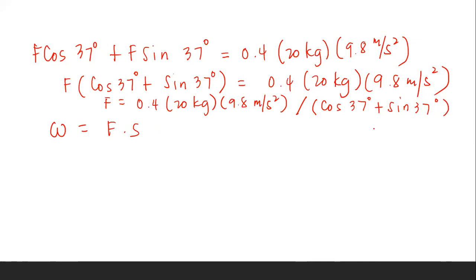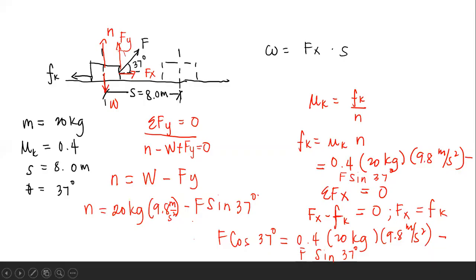Okay, therefore that is 0.4. The 0.4 is not for everything, so be careful and check it well. There is still a 0.4, because your mu k times the normal is 20 kilogram times 9.8 minus F sine 37 degrees.